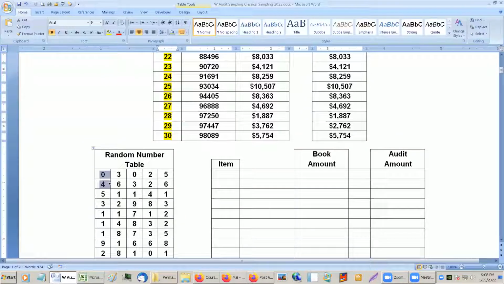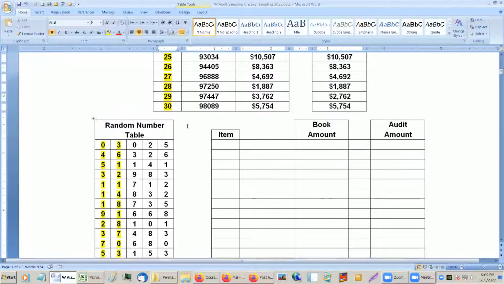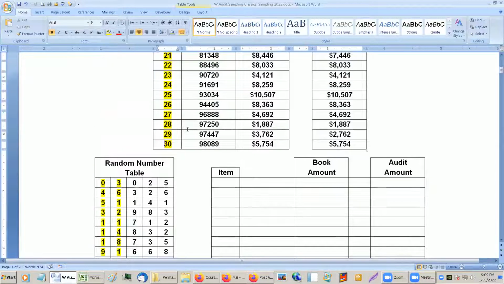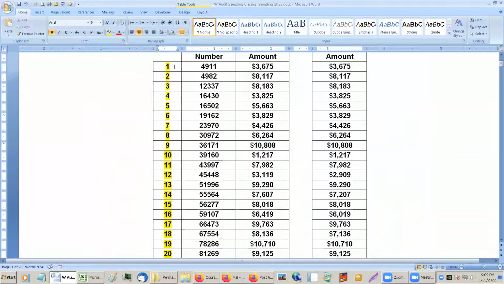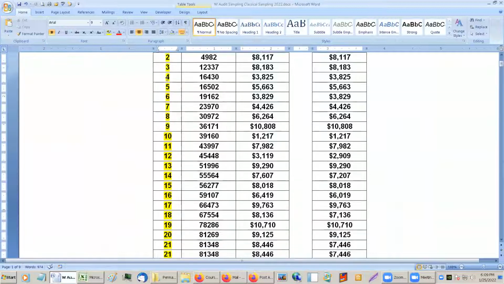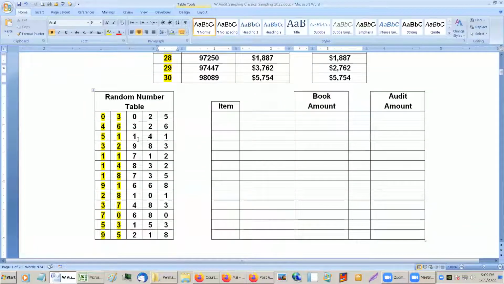This one says we're going to use the first 2 columns. These are the first 2 columns, and we are going to try to find numbers 1 through 30. We're going to find the first 5 that we come across, using this random number table.